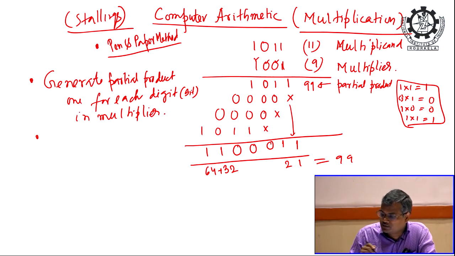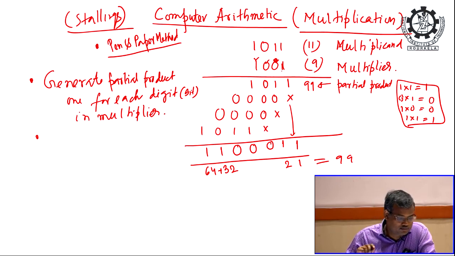Second observation: if the multiplier bit is 1, then the partial product is nothing but the multiplicand. And if the multiplier bit is 0, then the partial product is 0 only.